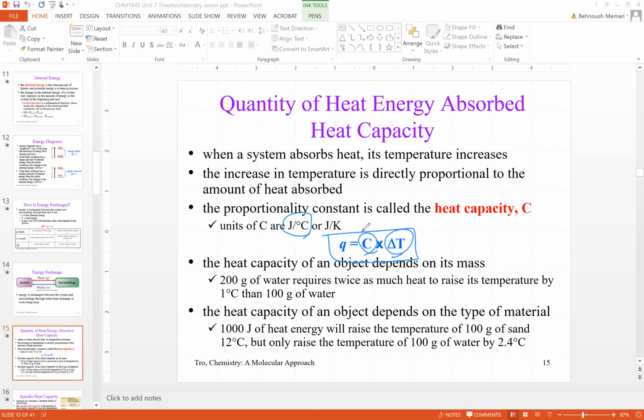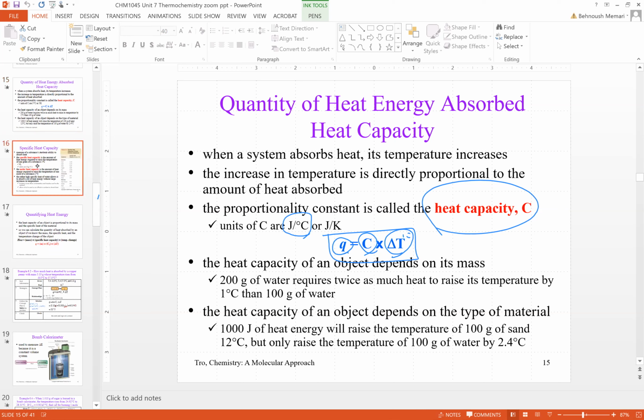So when you say heat capacity is joules per degree Celsius, that means the number of joules needed to increase the temperature by 1 degree Celsius. If the temperature increases by 1, then Q is equal to the heat capacity. If the temperature is increased by 10, then the amount of heat needed is the heat capacity times 10.